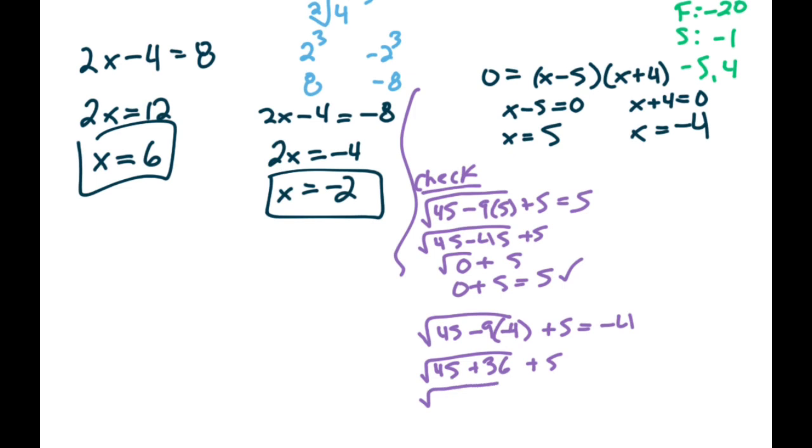So it'll become the square root of 81. Oh, it's a wonky 8. Plus 5. So this is 9 plus 5, which equals 14, which does not work. So we have one answer of x equals 5.